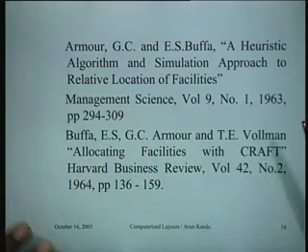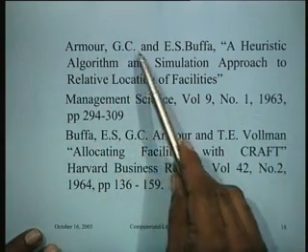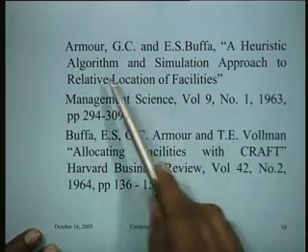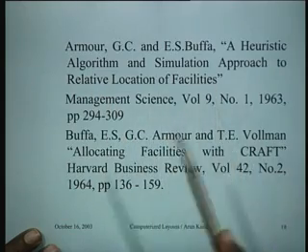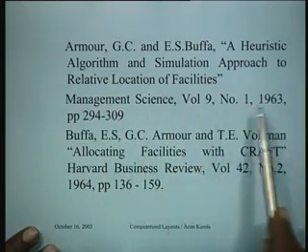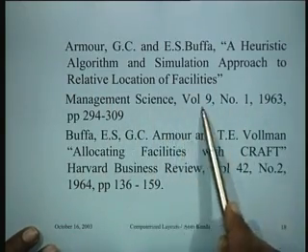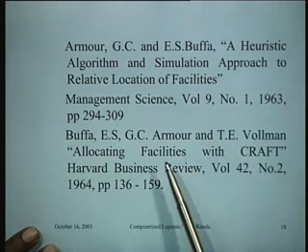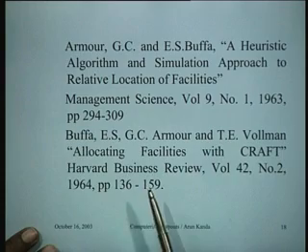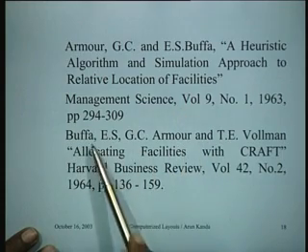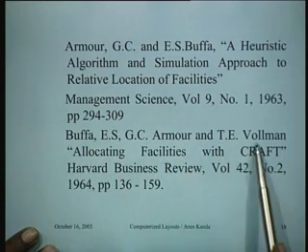It was basically a heuristic algorithm and simulation approach to relative location of facilities. This was the first paper, which appeared in Management Science, volume 9, number 1, 1963, pages 294 to 309. And a second paper based on this was by Armour and Vollmann.